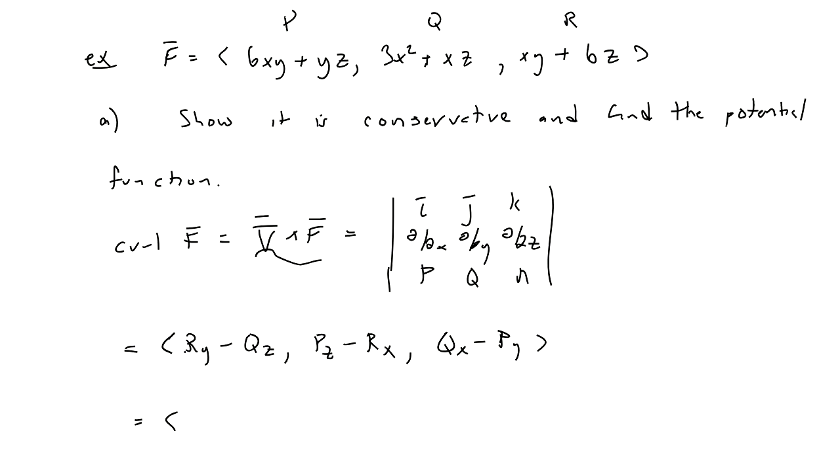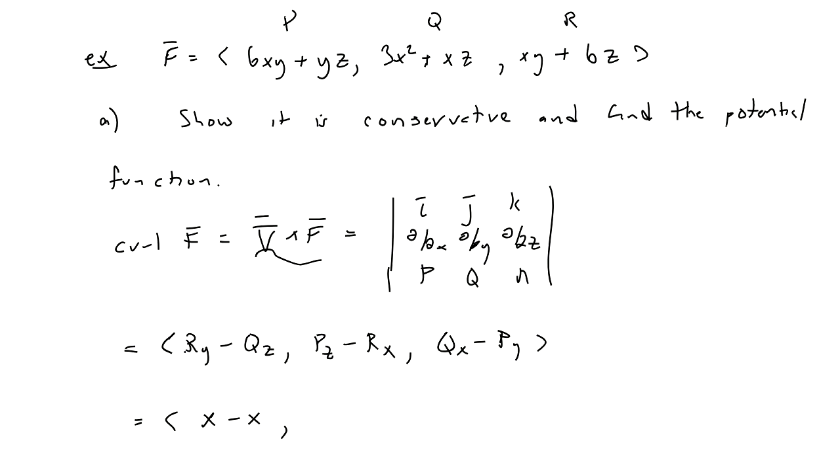So here, the derivative of r with respect to y is, and you can see I made all these fairly easy ones, the derivative of r with respect to x is what? And since I'm telling you to show it's conservative, it hopefully is that the derivative of q with respect to z is also x, which it is.